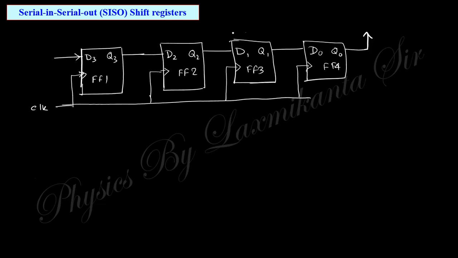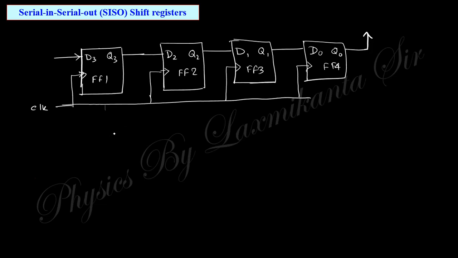There is a preset and clear connection. You can just add them in the preset and clear position. Just if you want to draw the basic diagram, for practical purposes you need to add it. There is a preset and there is a clear button also, and the preset and clear we discussed in the previous lecture. So for basic understanding we just draw this, and suppose there is 4 bit Q3, 4 bit.